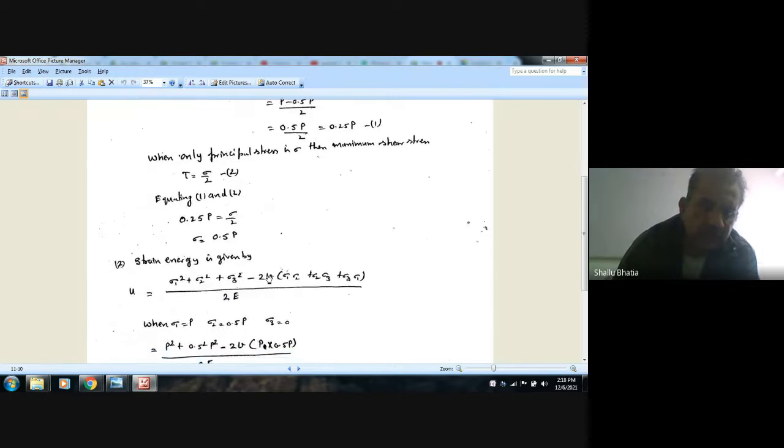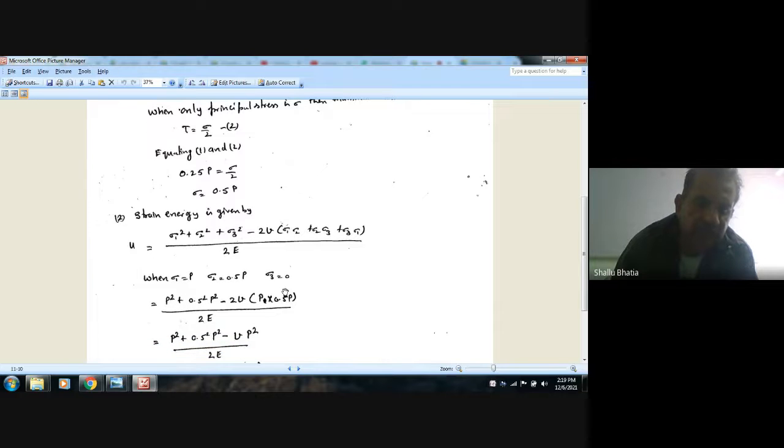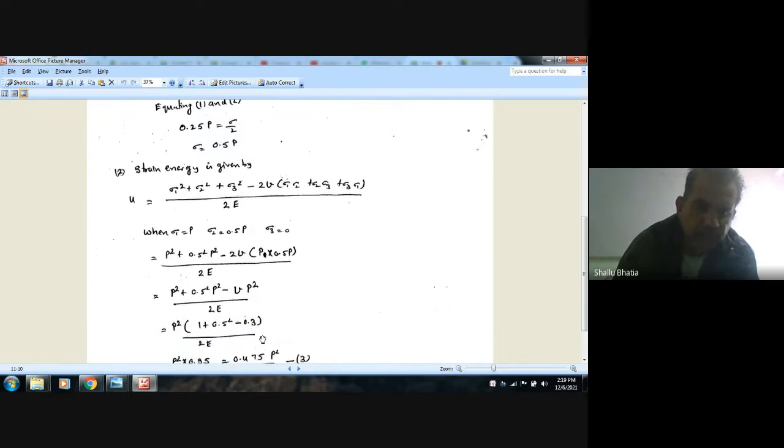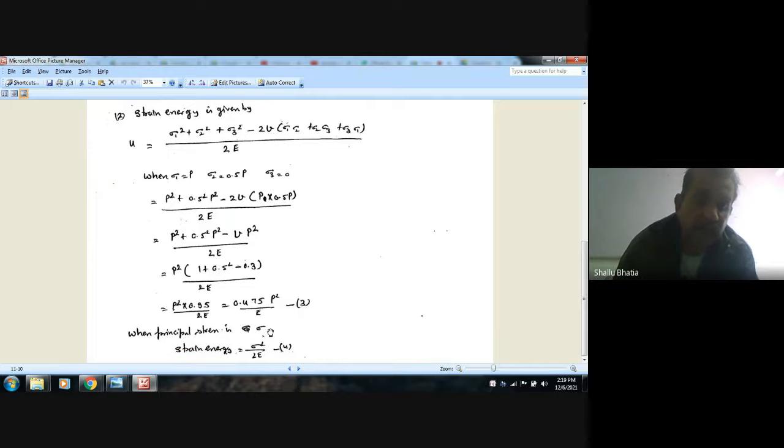According to strain energy theory, the strain energy stored in the material is sigma 1 square plus sigma 2 square plus sigma 3 square minus 2 mu times sigma 1 sigma 2 plus sigma 2 sigma 3 plus sigma 3 sigma 1, divided by 2E. Okay. Sigma 1 is P, sigma 2 is 0.5 P and sigma 3 is 0. So these values we can find out, that is 0.475 P square by E. Now when only sigma stress is acting, the strain energy is sigma square by 2E.